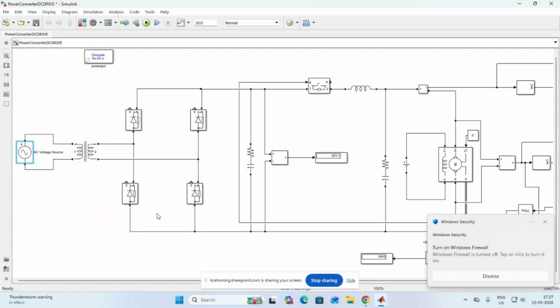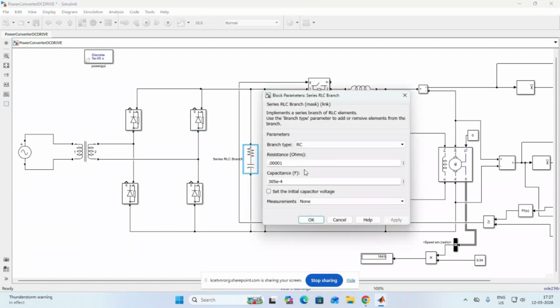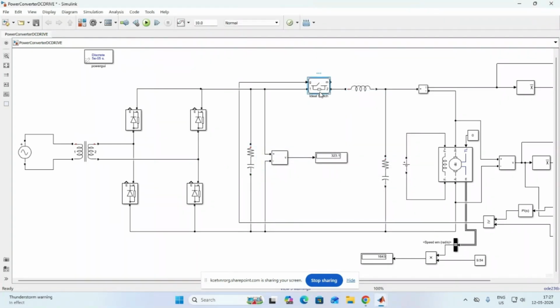And we are using diode rectifier to rectify this single phase AC voltage into DC voltage. These four are diodes. And then filter capacitor is used to filter the DC voltage across the rectifier. And then with the help of ideal switch, in practical the switch may be MOSFET or IGBT.